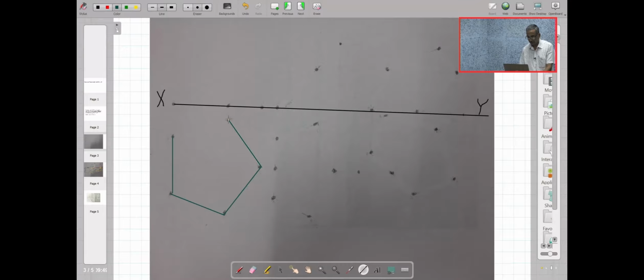Let me name the points of the pentagon also. This will be my point A. This will be my point B, C, D, E, and this midpoint is F. I will call this F, the midpoint.